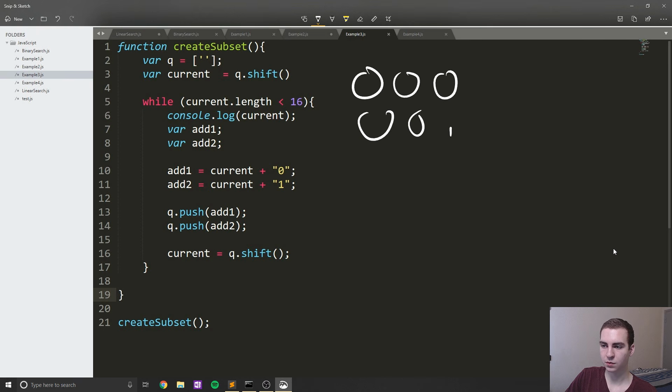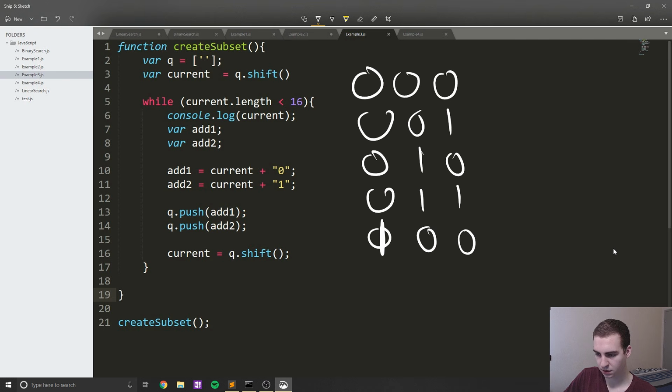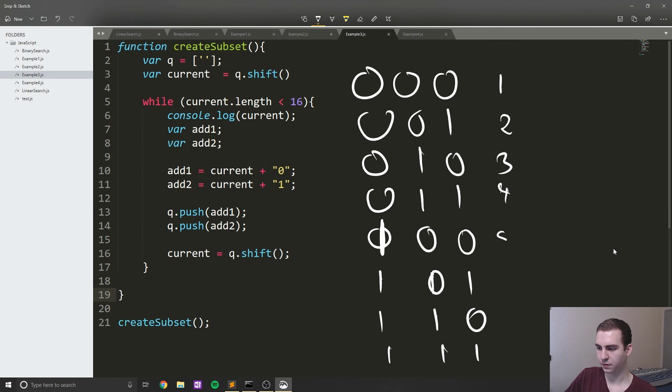We have 0, 0, 1, 0, 1, 0, 0, 1, 1, and then this goes 1, 0, 0, 1, 0, 1, sorry. 1, 1, 0, and then 1, 1, 1. So we have 1, 2, 3, 4, 5, 6, 7, 8 different binary numbers for 3 digits. Okay, for 2 digits, let's just scrap, what row should we scrap?